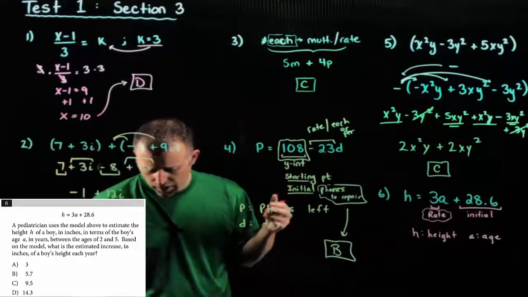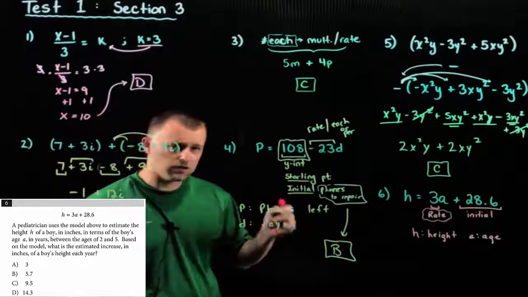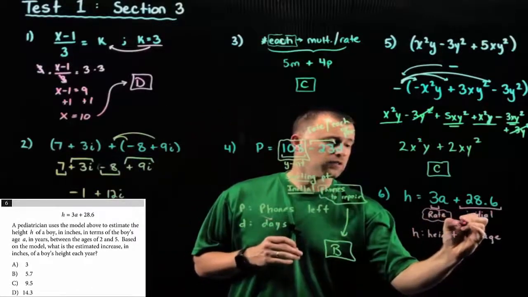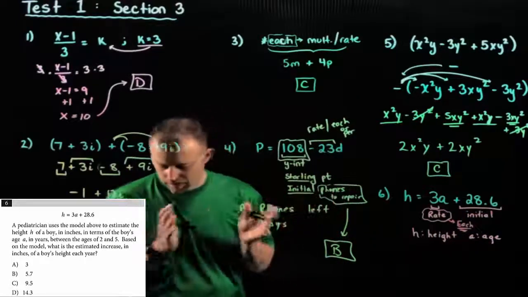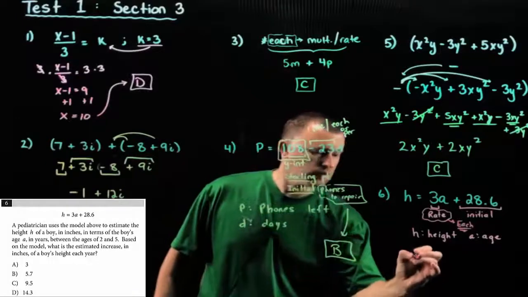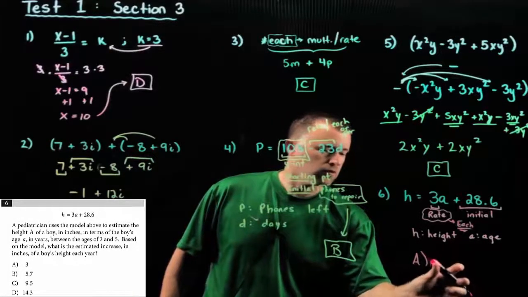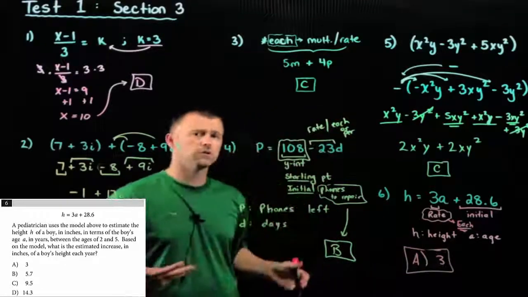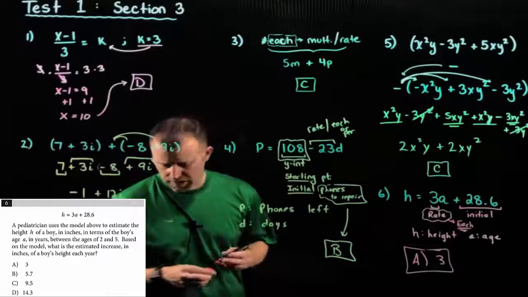It's positive. So what is the estimated increase in inches of a boy's height each year? Now remember that word each, because that gives this away. We're talking about the rate. So as soon as I see that, bam, A, my answer, because remember A is equal to 3. As soon as you see that, you know that's what they're asking for. It's just their fancy way of asking for the slope, which is the rate of change. So that's going to be number 6.